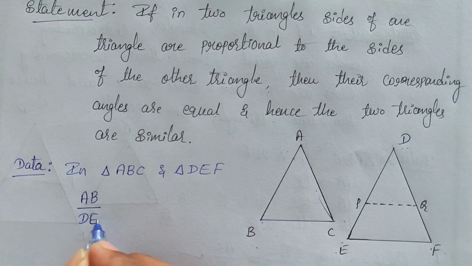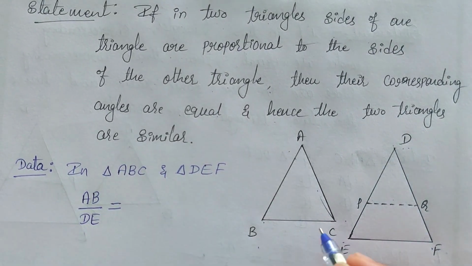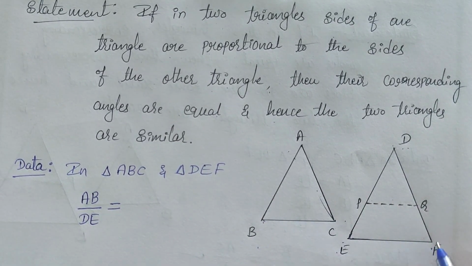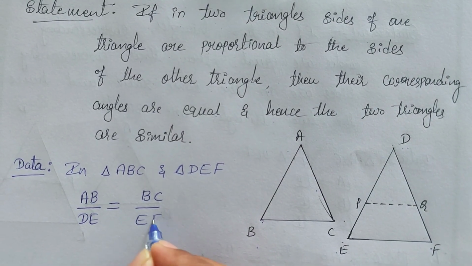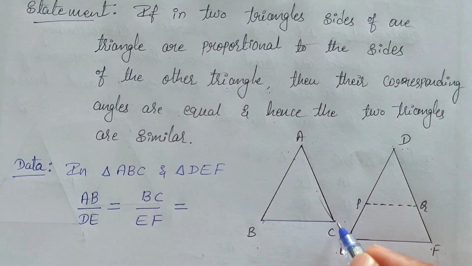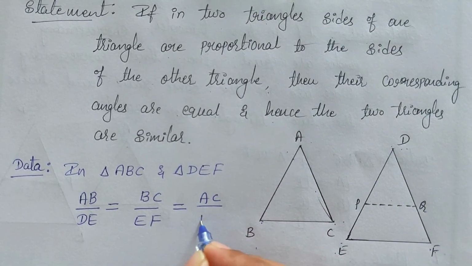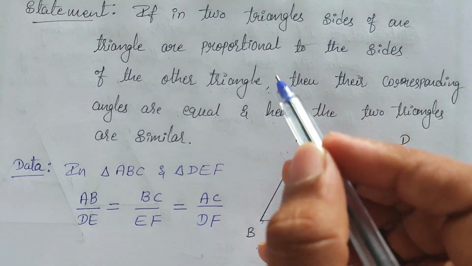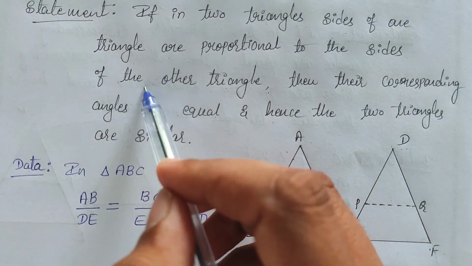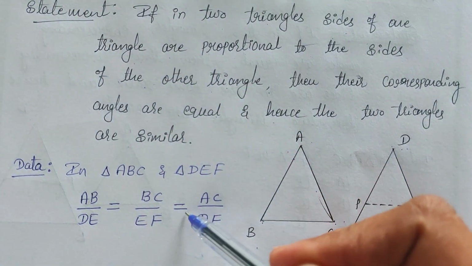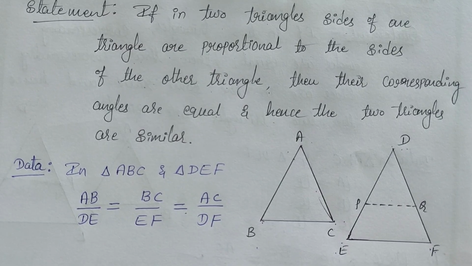The corresponding side for AB is DE, and in the same way the corresponding side for BC is EF, and for AC the corresponding side is DF. I can write AC by DF. This is the data according to the statement, that is the sides of one triangle are proportional to the sides of the other triangle. So I have written the corresponding sides in the same ratio.